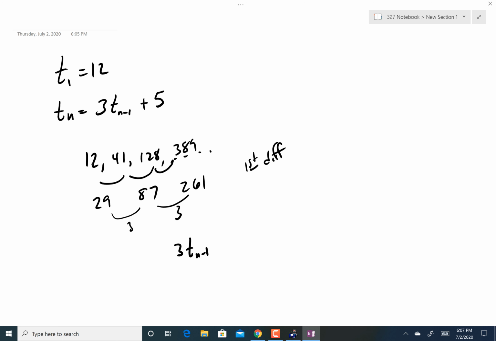What does that give us? Well, 3 times 12 is 36. So I'm multiplying each time. The difference is 3 times something. There you go. Cool. So 3 times the previous term gives me, whatever it is. 3 times 12 is 36, 3 times 41 is 123, and 3 times 128 is 384.